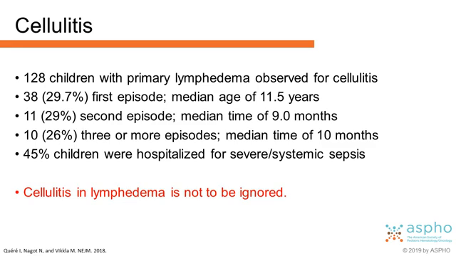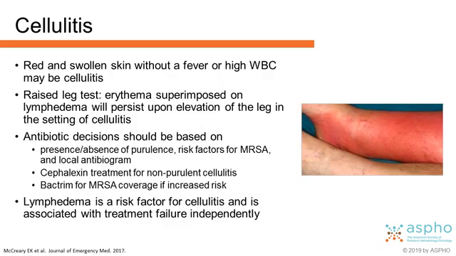While 45% of patients were hospitalized at least once for signs of severe or systemic sepsis. Cellulitis and lymphedema is something that is to not be ignored. In the case of our patient, she did have cellulitis and was started on oral cephalexin with an excellent response.